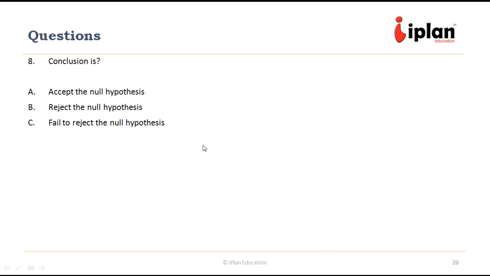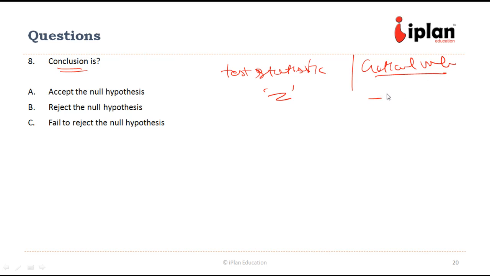Let us look at the last question. What is the conclusion? So in order to find out the conclusion, what we need to do? We need to look at the test statistic of z and the critical value. We know that the critical value was minus 1.28 from the last question, and the test statistic also we have calculated, minus 3.727.